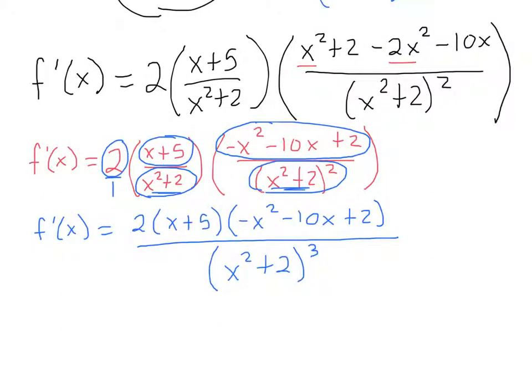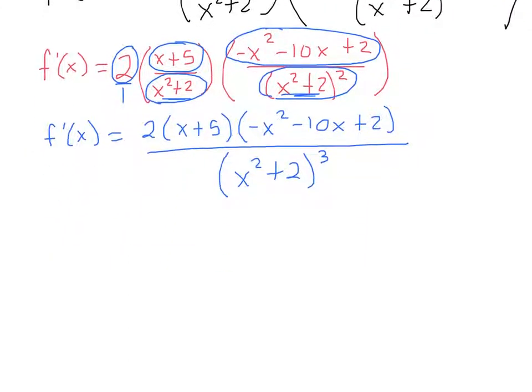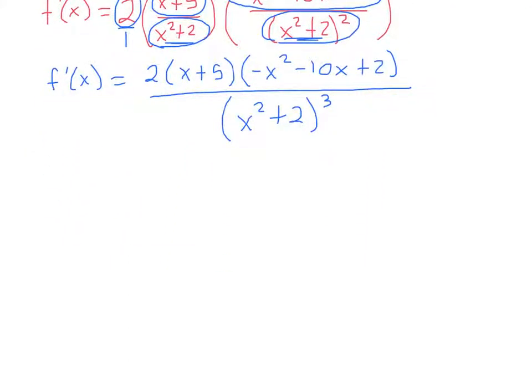So now let's FOIL the top. I'm going to move this up so I can have a little more space. First, the 2 here and here, so I'm just going to change this to 2x plus 10 instead of rewriting the whole problem. Now I'm taking the 2x plus 10 right here, and I'm going to distribute 2x to all 3, and I'm going to distribute the 10 to all 3.